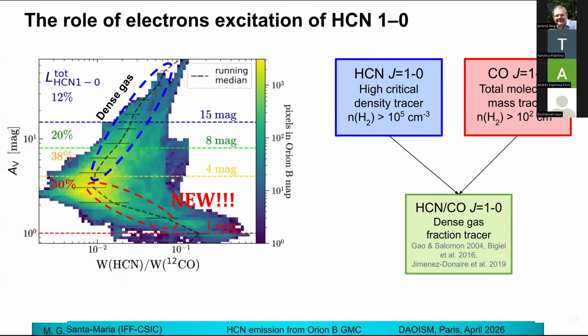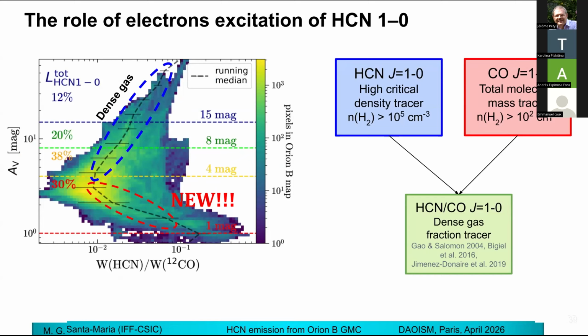If we continue with this plot, this is the HCN to CO ratio that we've been looking at today in different versions, versus the AV, which is kind of similar to the column density that we've also been seeing today.